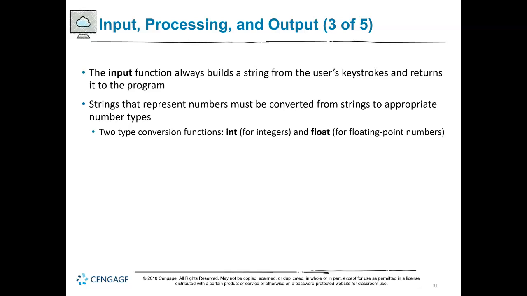Other languages divide these into long integers, short integers, depending on how big of data you can store there. Python makes it really nice because it only does a couple of those. So we have int, and we have float, and we convert things from text when we do an input to an output that we can utilize.